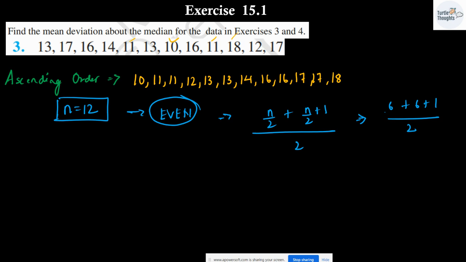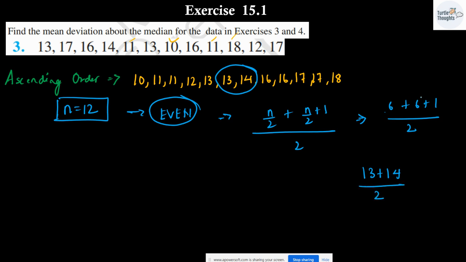So what is going to be the answer? 6 plus 6, 12, and 13, right? So you will be getting 13 plus 14, these two you have to take, 13 plus 14 divided by 2.